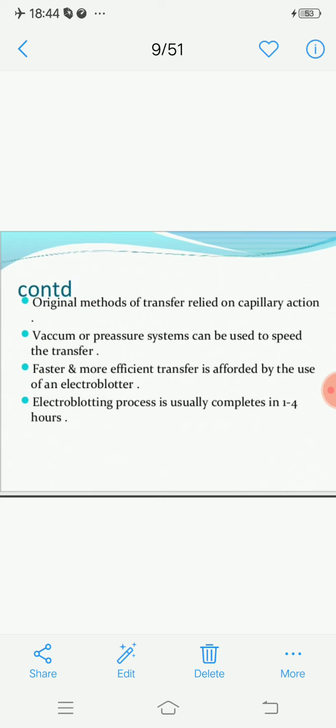A faster and more efficient transfer is afforded by the use of an electroblotter. Electroblotter means giving electric current. By using electric current, the transfer of DNA bands from the agarose gel to the nitrocellulose paper occurs.